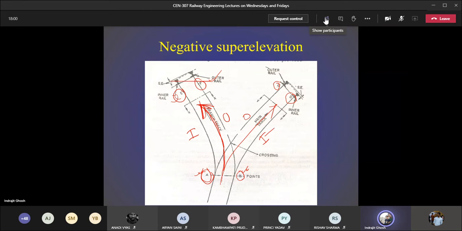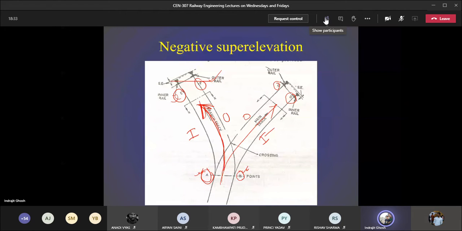Now think about the two points A and B, from where these two lines, main line and branch line, take off and go in different directions. From the main track, I am saying A should be at a higher location than B. But from the branch track, I am going to say B should be higher than A. So what should we do in such cases?